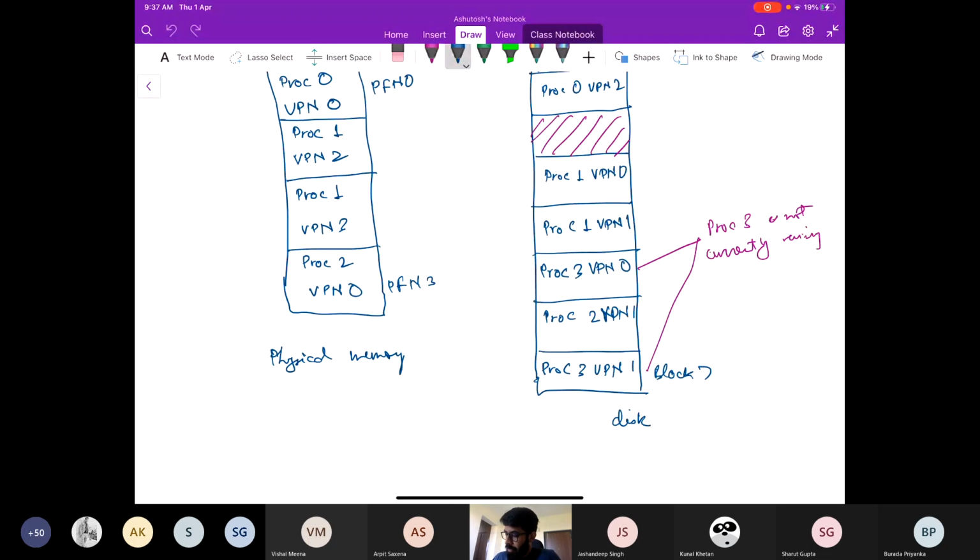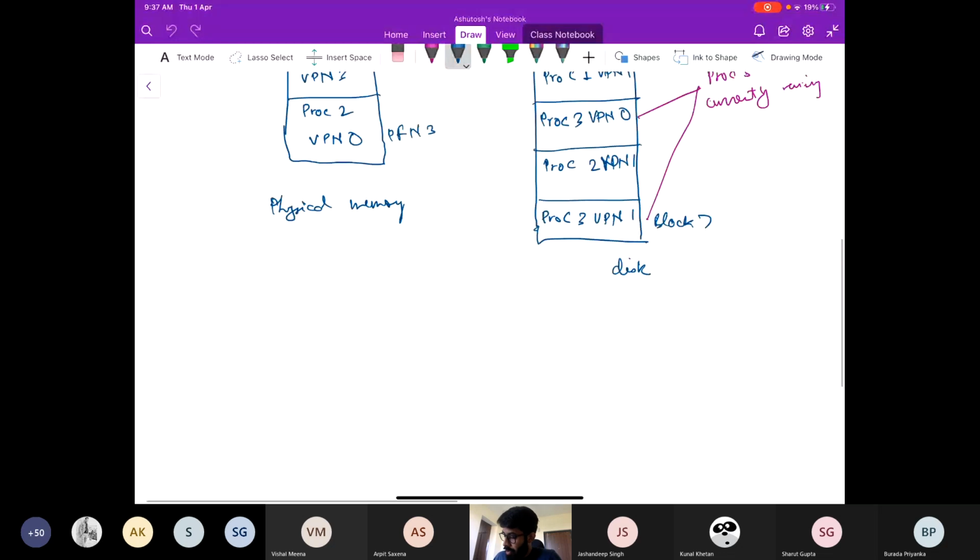And just one point to note that swap space is not the only place from which page in and out happens.